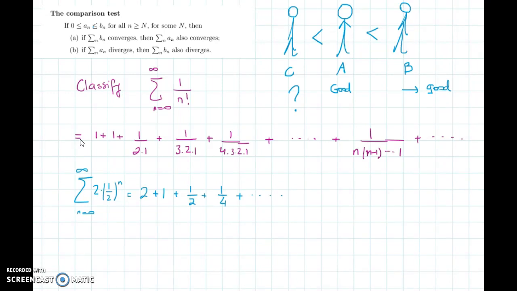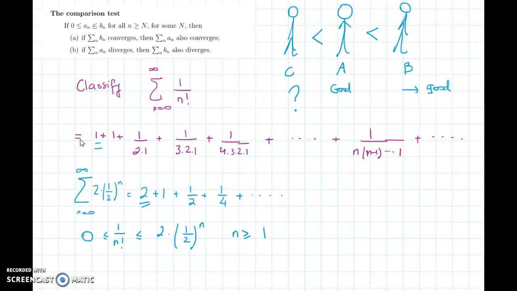And after the initial term for n equals 0, where we have 2 for the geometric series and 1 for the other one, the terms of the factorial one are always less or equal than the terms of the geometric one. So we have that 1 over n factorial is less or equal than 2 times 1 over 2 to the n, and they are all positive. And this is true for n greater or equal than 1.